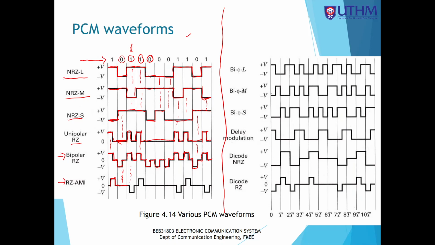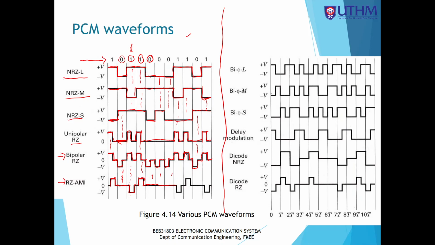That means if the previous is positive, now input logic 1 will produce negative output and return to 0. And then another input logic 1 changes polarity from negative to positive, return to 0. And then input logic 0, 0, 0, 0, so no change, remain at 0 volt.